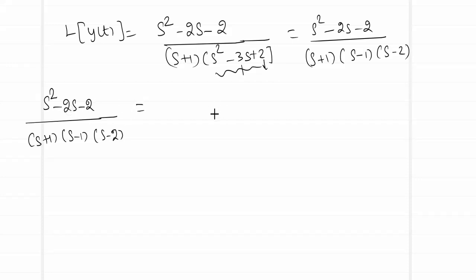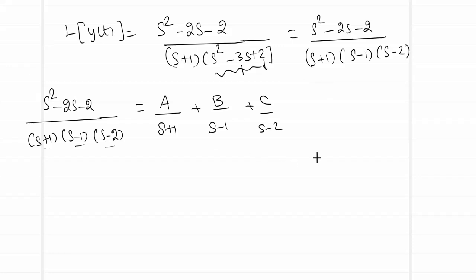We know that the partial fraction technique is going to be the easiest of all to get our answer. So I write this expression in partial fractions as A by (s plus 1), B by (s minus 1), C by (s minus 2). I allocate three different constants because all three factors are going to be different, so all three constants are going to be different.